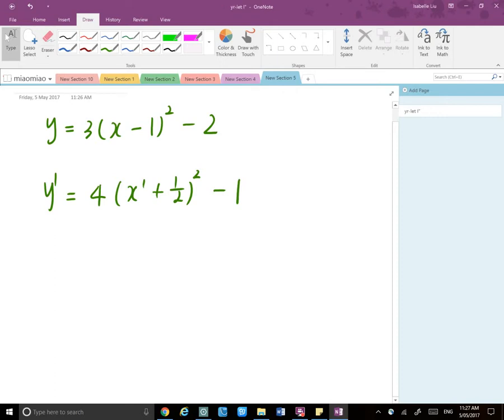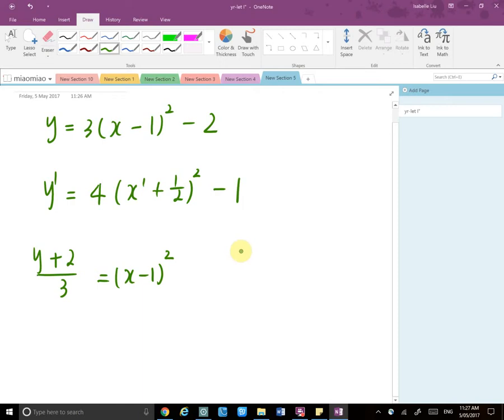First, I make y plus 2 over 3 equals x minus 1 squared, and I make y dash plus 1 over 4 equals x dash plus a half squared.